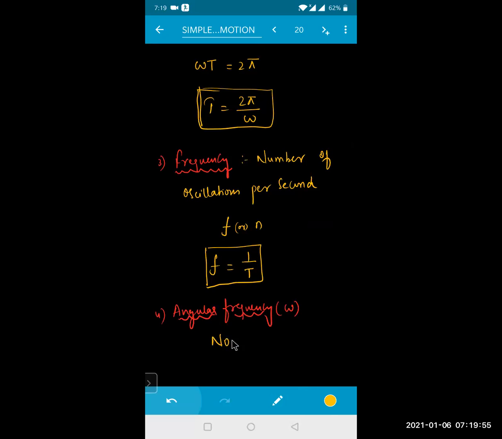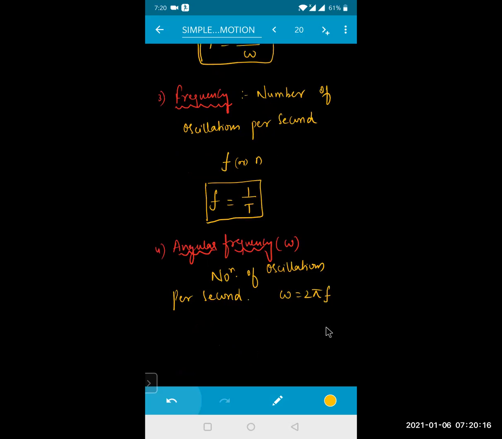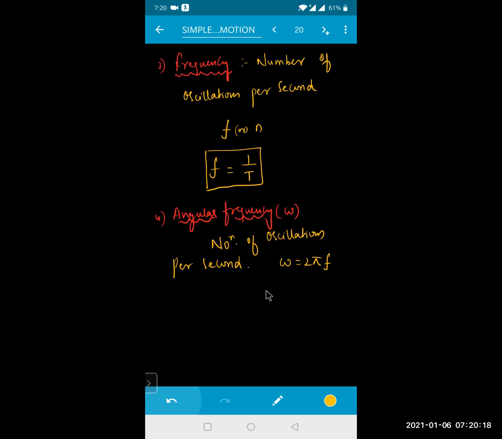Angular frequency is nothing but the number of oscillations per second. So omega is equal to 2 pi into f. The f value will be equal to 1 by T, so omega will be equal to 2 pi by capital T.